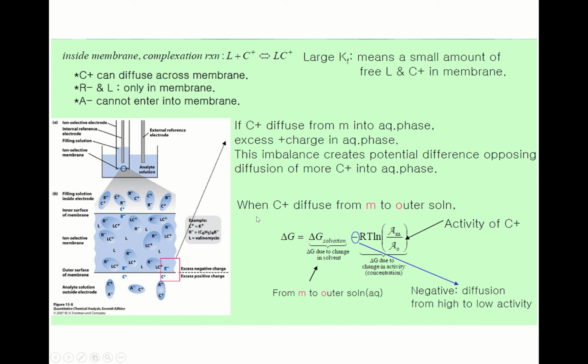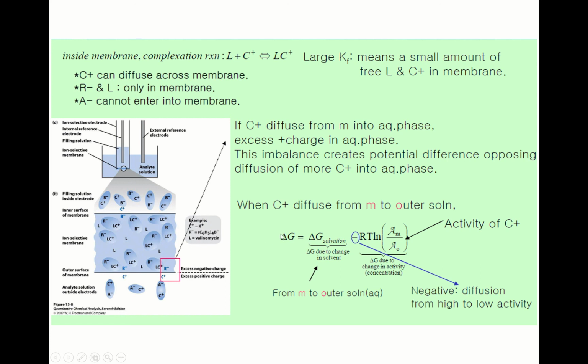When cation diffuses from the membrane to the outer solution, the potential difference is given by this thermodynamic equation, delta G. Later we can convert this equation in terms of potential, since delta G is related to potential by delta G equals minus nFE.